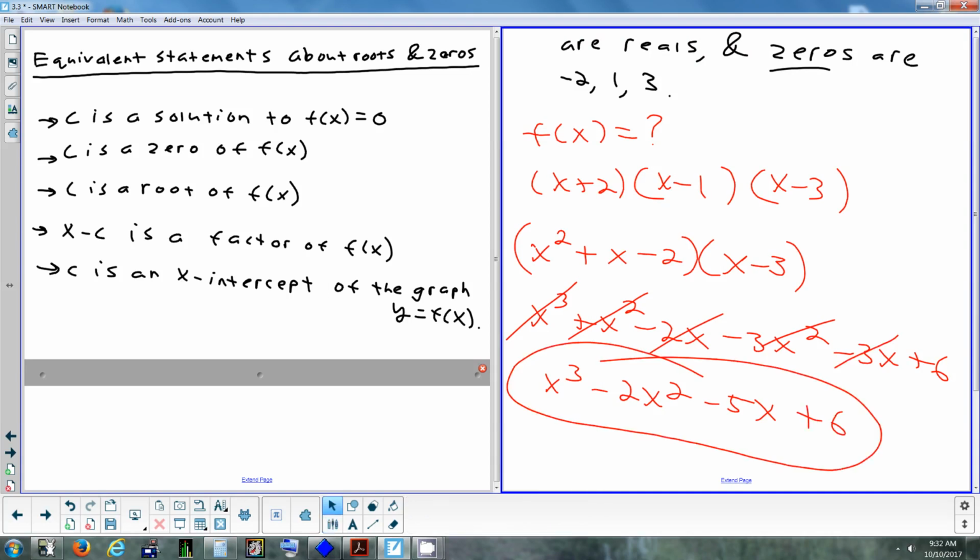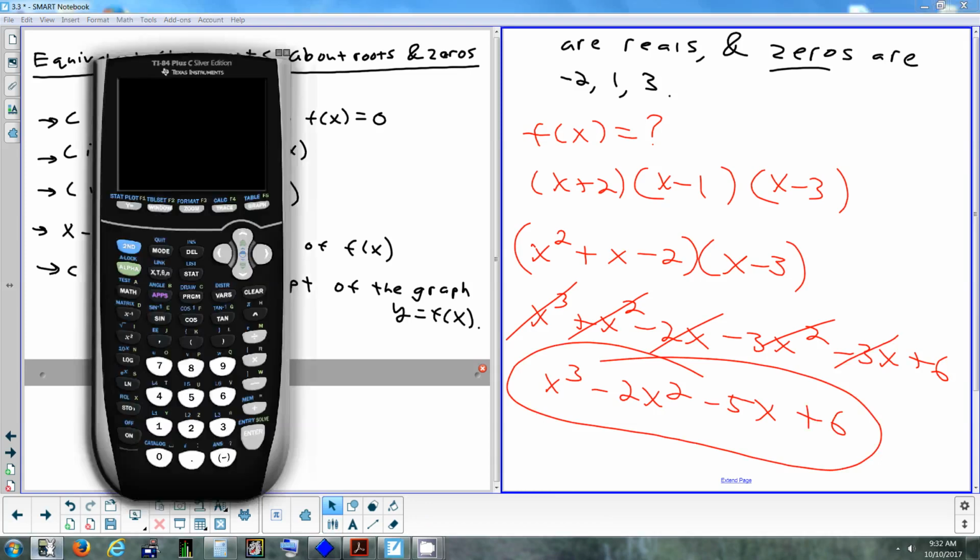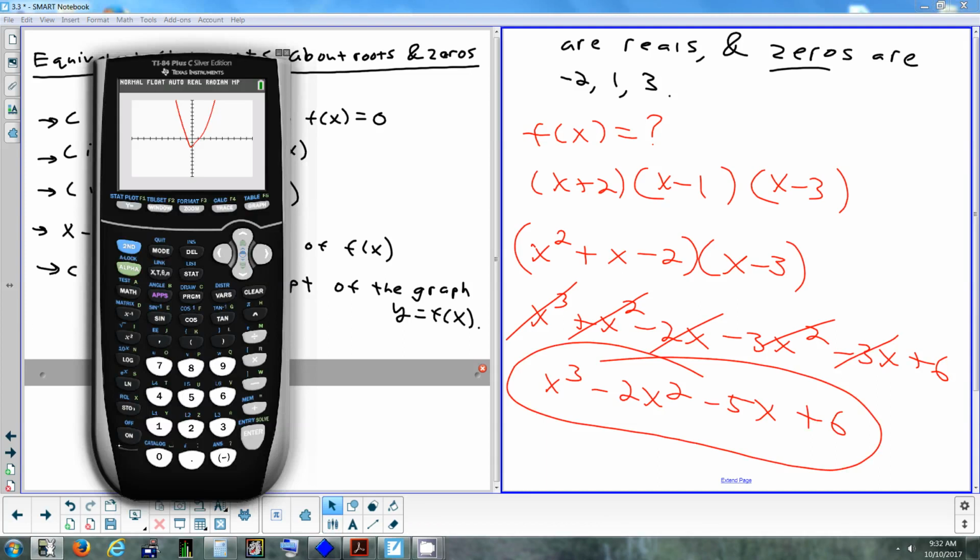So, if I graph that on the calculator, which I will, where should it cross the x-axis? Because we built, or we created that polynomial and forced it to cross at certain places. Caleb? The -2, 1, and 3. It should cross exactly at -2, 1, and 3.